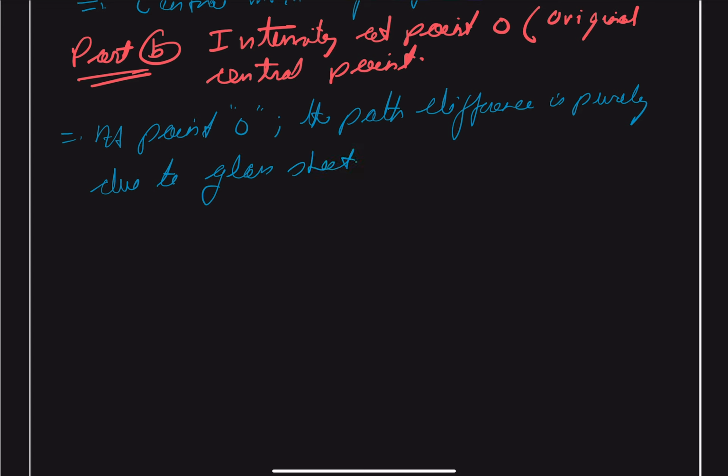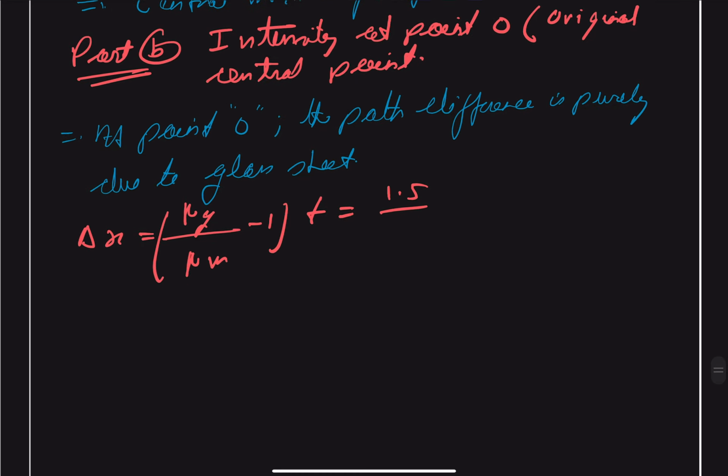So we can write that our delta x will be equal to mu of g minus mu of m, minus 1, and multiply by t, and substituting the values we get this as mu of g is 1.5 and this is 4 by 3, minus 1 and thickness is given to us as 10.4 into 10 to the power minus 6, and this comes as 1.3 into 10 to the power minus 6 meters.